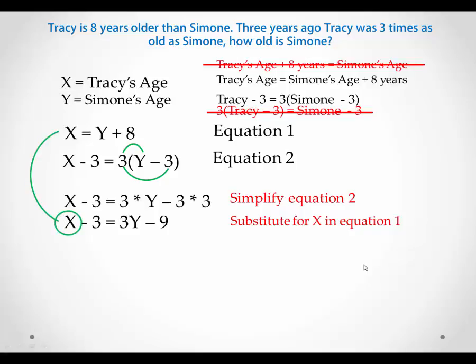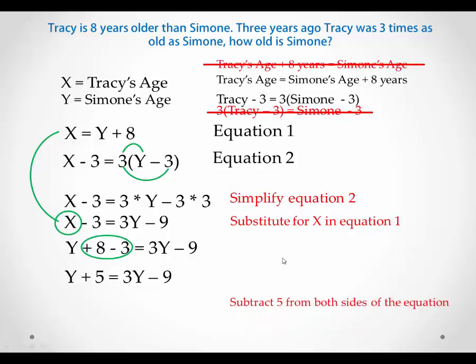We will now have y plus 8 minus 3 equals 3y minus 9. We subtract 3 from 8, so we have the new equation y plus 5 equals 3y minus 9.